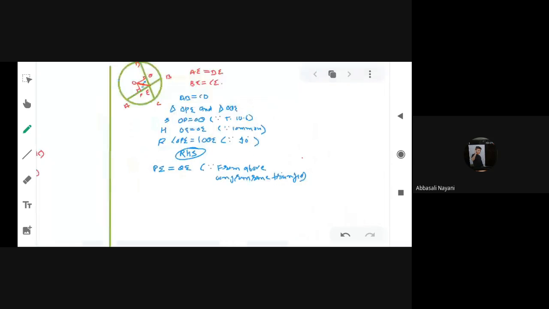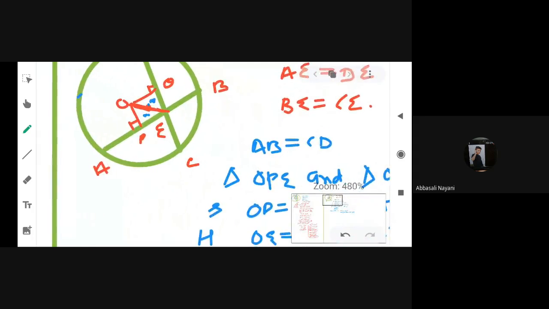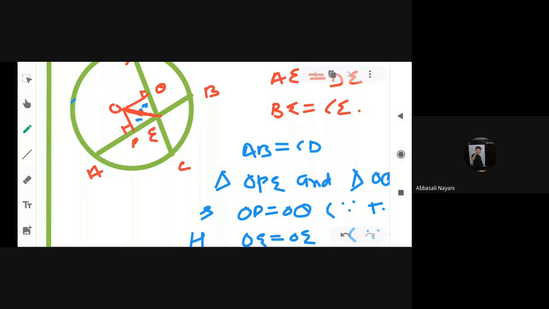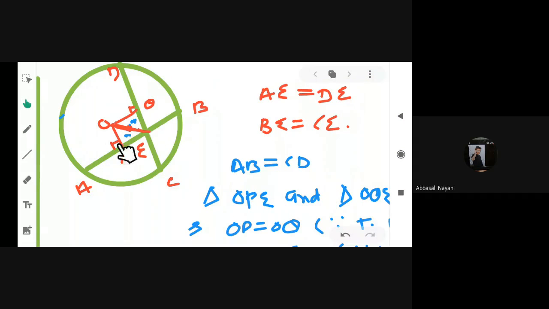Now please see again the same thing. PE and QE, these two are equal. We proved that these two sides, PE and QE, are equal. Now we have to prove that AB is equal to CD.